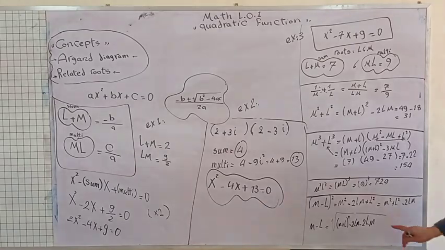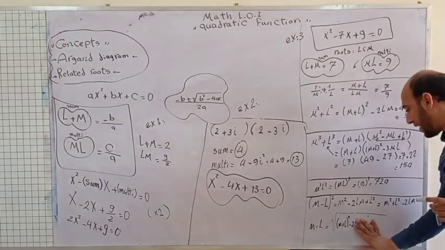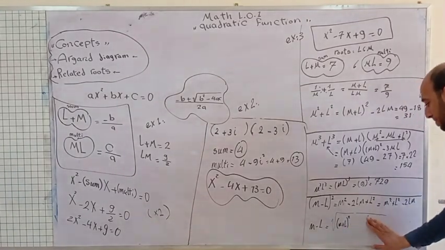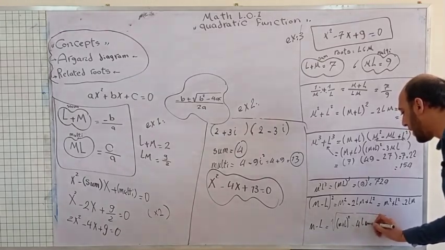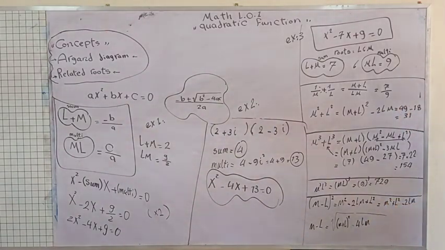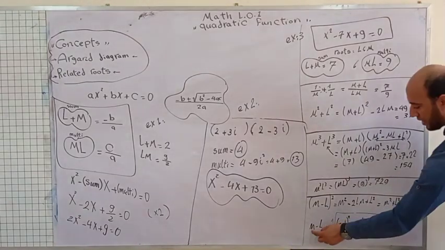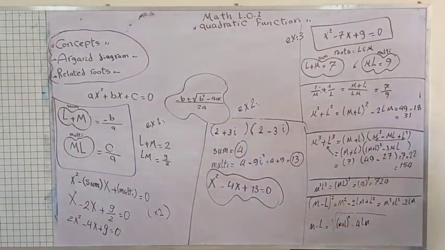Now we add these two terms, minus 2lm and minus 2lm, and it will equal minus 4lm. And this is the final formula for m minus l or l minus m.